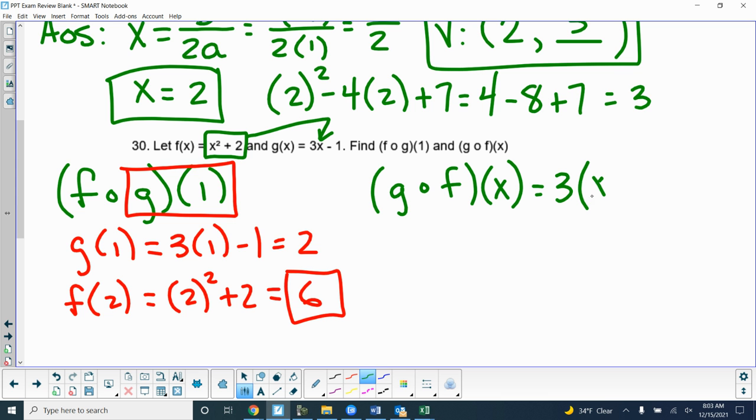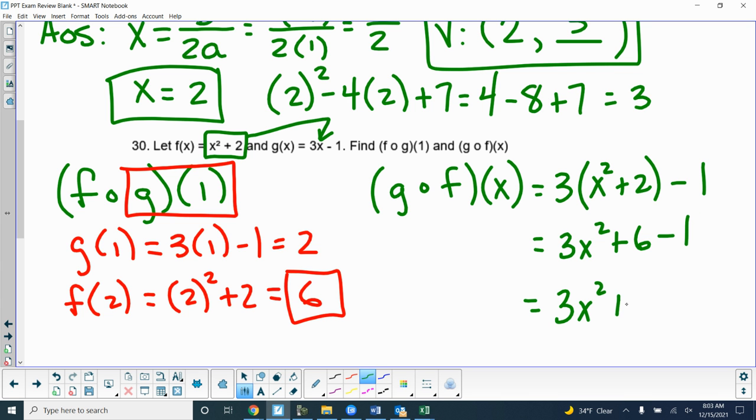So instead of x, I'm putting that x squared plus 2 in here. And then all I gotta do is simplify. So distribute your 3. And then combine like terms. So there's the other part.